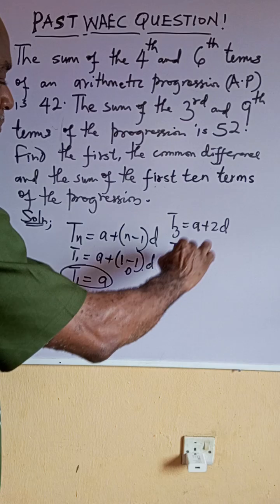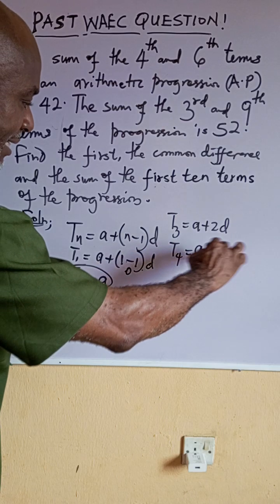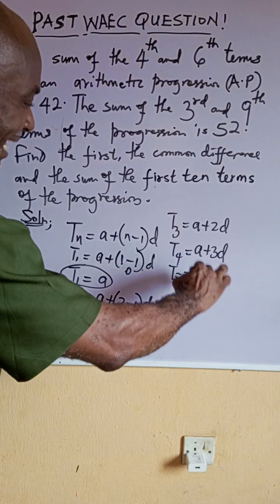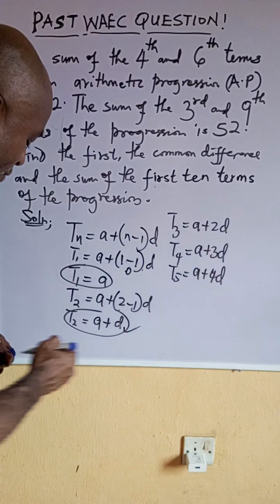The fourth term in the same vein should be A plus 3D. The fifth term, T sub 5, is equal to A plus 4D, and so on and so forth.